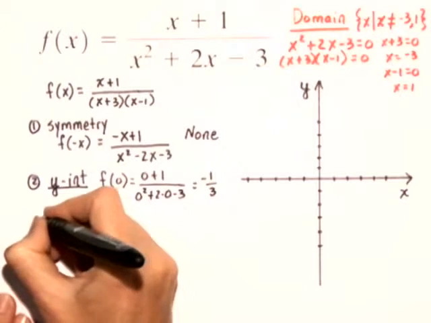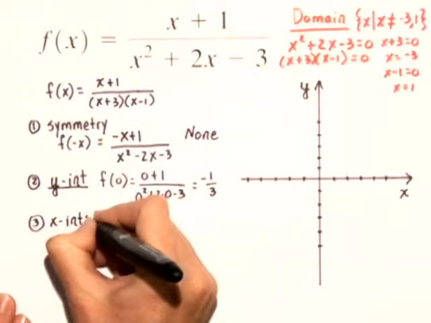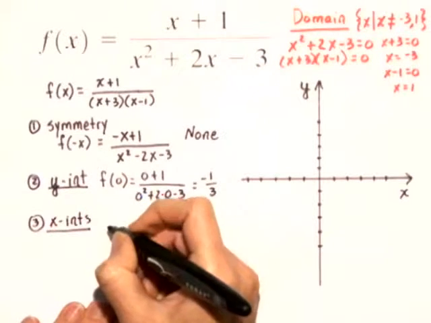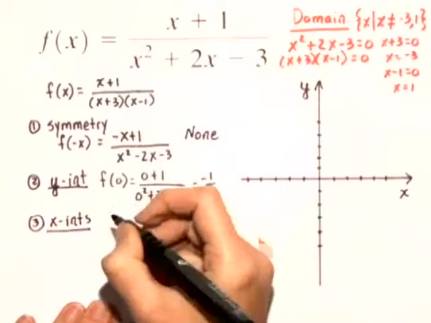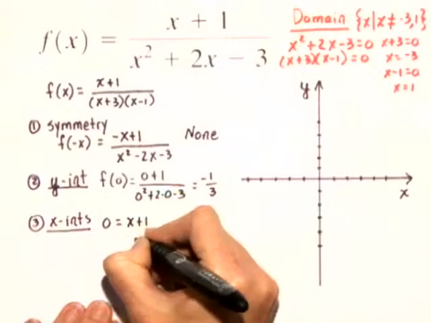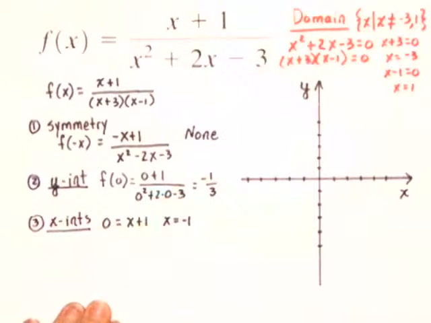Now let's see if we have any x-intercepts in step 3. We can find any x-intercepts just by setting our numerator equal to 0. So we'll have 0 equals x plus 1. This has a solution that x equals negative 1. So we have one x-intercept.